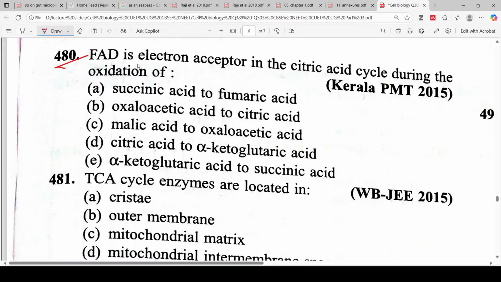FAD is electron acceptor in the citric acid cycle during oxidation of, so the correct answer will be option A, succinate to fumaric acid. Next question.